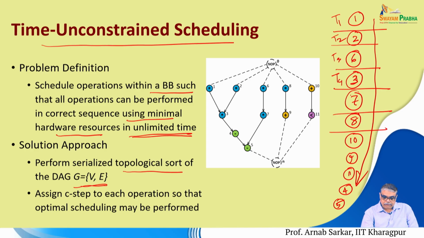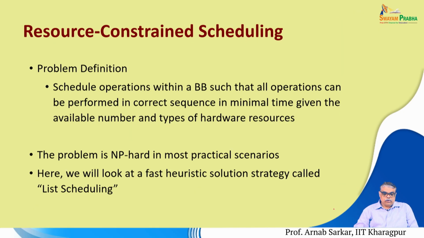If you perform the operations in this order, you will have a correct schedule, which means it will produce a correct result. However, it will take a lot of time, but in this case you have unconstrained time. So, this is not an issue.